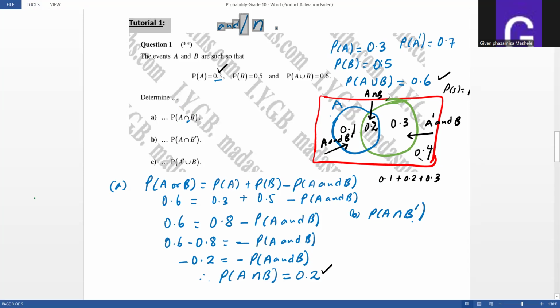So what is the probability of A and not B? It's the same as A only. And what is the A only? 0.1. So this is the answer.